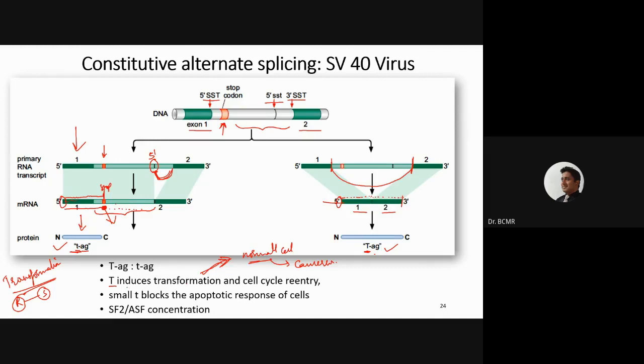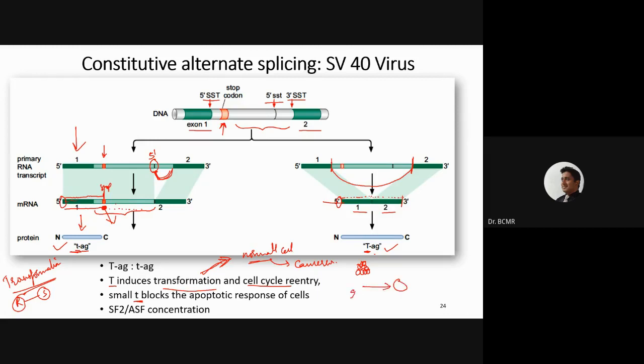So capital T induces transformation and cell cycle re-entry. That means the cell that is infected with SV40 would lose its ability to regulate its cell cycle. What is a cancerous cell? It continuously divides, forming a tumor, and that is cancer basically. The small t also has a function. The cell has two things.